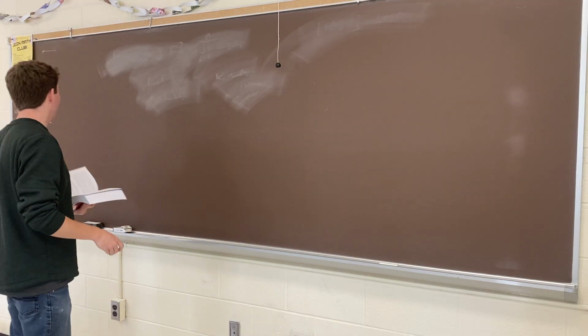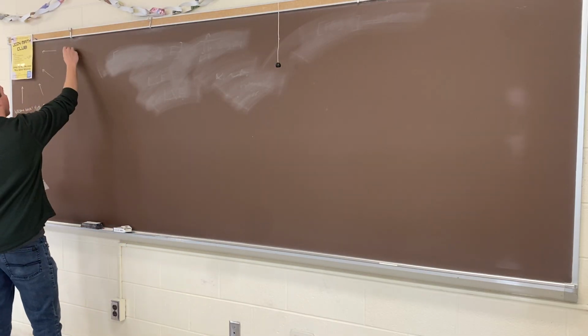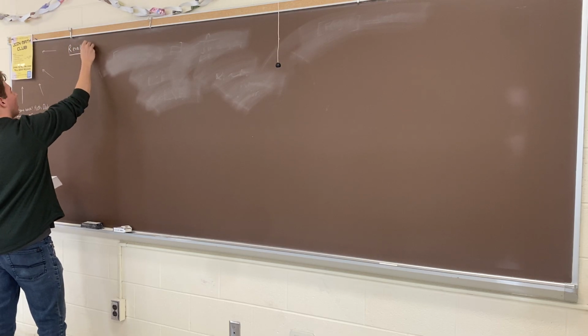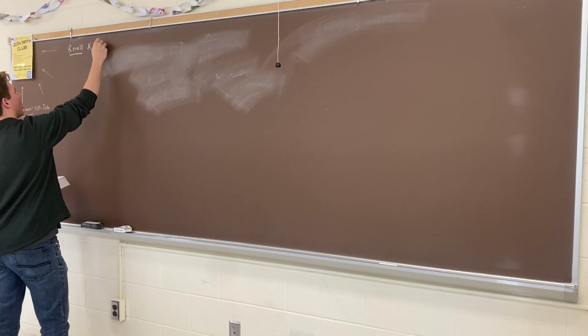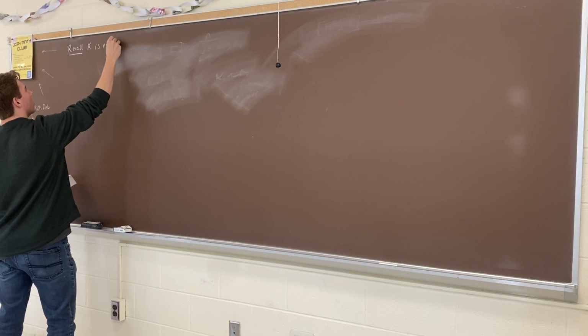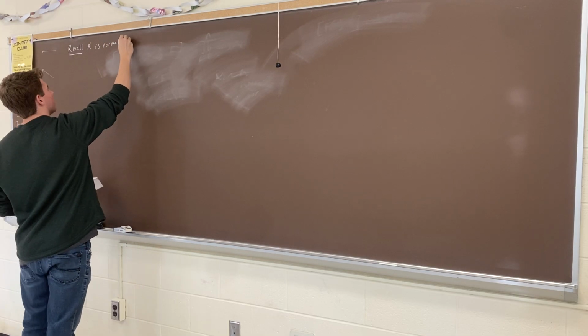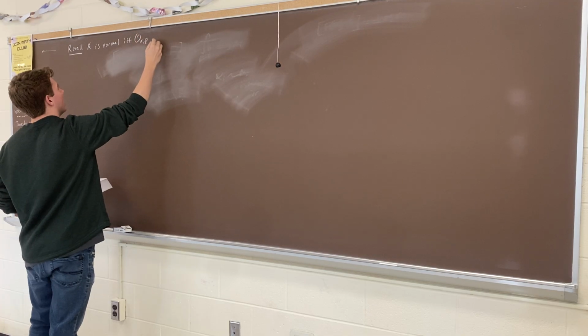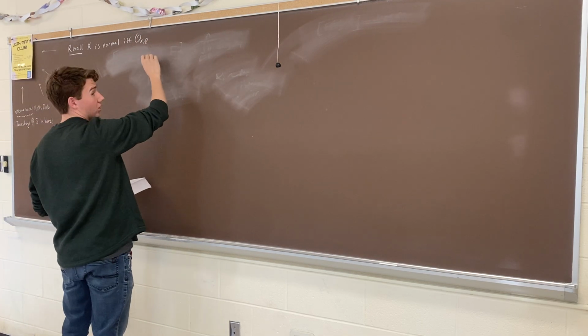Okay, so recall that the scheme X is normal if and only if its stalks are normal.